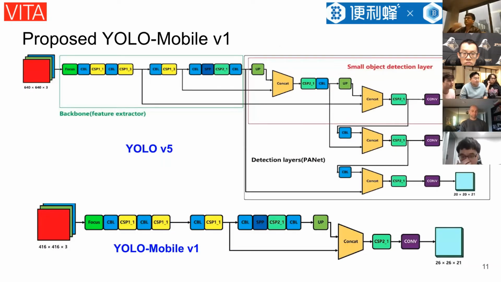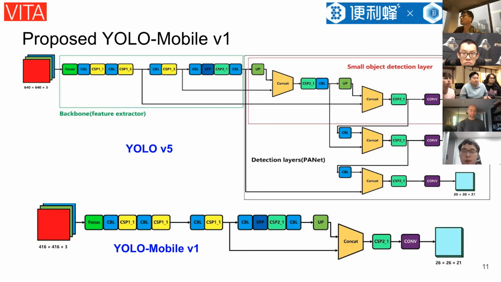Here I want to talk about the design of our model. The first variant of our proposed model is a variant of YOLO 5. We retain the small object detection layer from YOLO 5, and we cut off one upsample block to change the small object detection layer to a medium size object detection layer.